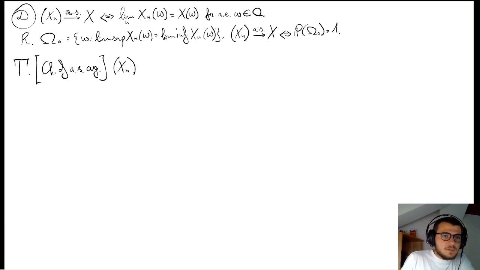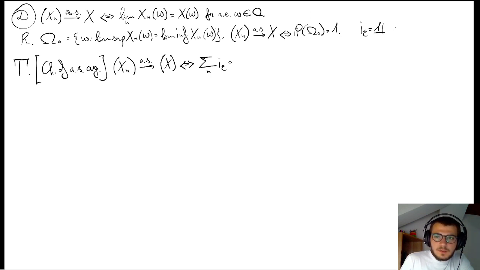A sequence Xn converges almost surely to X if and only if the sum over n of the indicators I_epsilon, which recall it's defined in this way. I_epsilon is the indicator on the interval epsilon plus infinity, which is 0 when x is smaller than epsilon and 1 when x is larger.